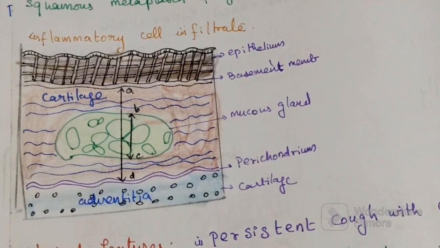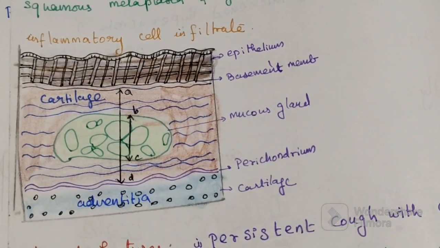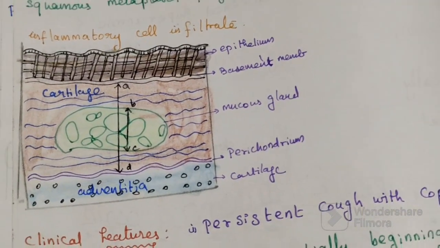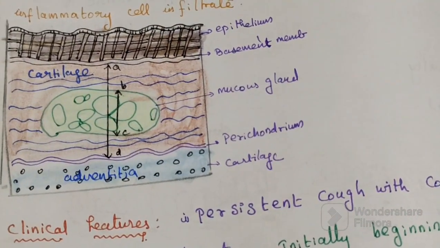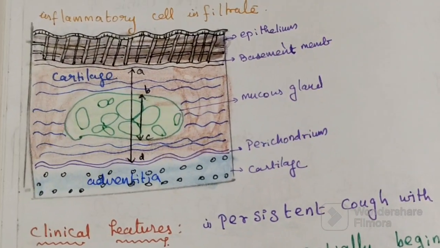Apart from that, goblet cells are increased in number. We can notice goblet cell hyperplasia in this diagram.